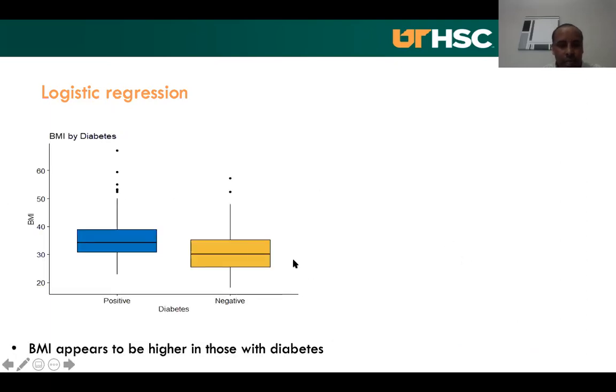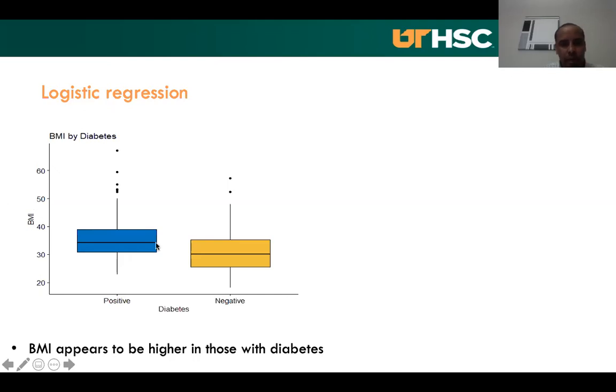Again, look at the diabetes and BMI. Here it looks like there is an association. Those who are positive for diabetes tend to have a higher average BMI. On the x-axis, we have those who tested positive and tested negative for diabetes. On the y-axis, we have BMI.